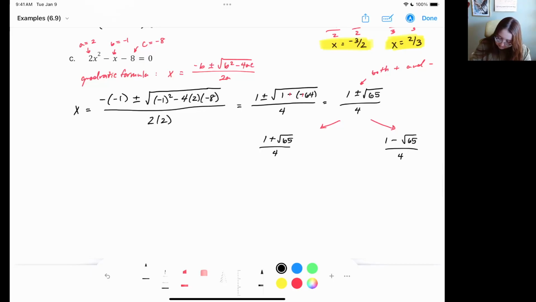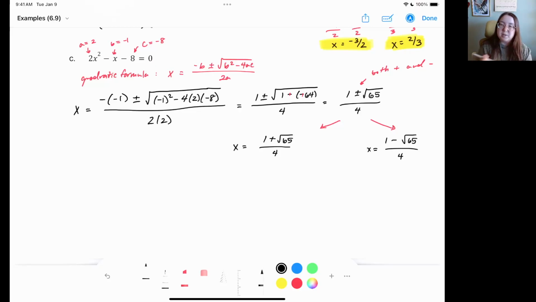And that creates two answers. Because when it comes to quadratic equations, you should always get two values for x, or the same number squared. So because of that, we get two answers, and so the plus and the minus accounts for both of those.